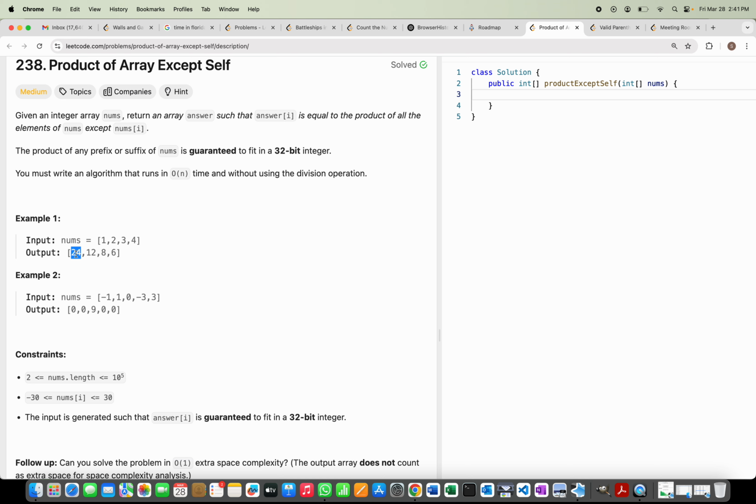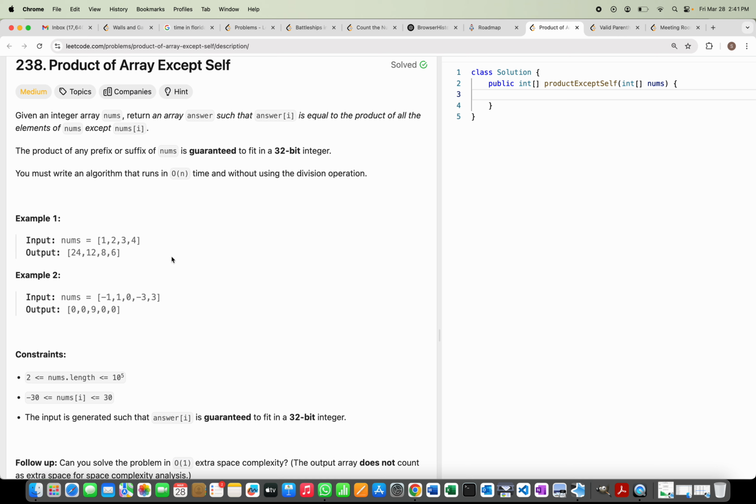at that index. So let's say in the answer the index is 0. At 24 it is 0, and then 0 here is going to be 1. So this should have the product of the whole array except this one, right? So 2 times 3 times 4 is going to be 24.